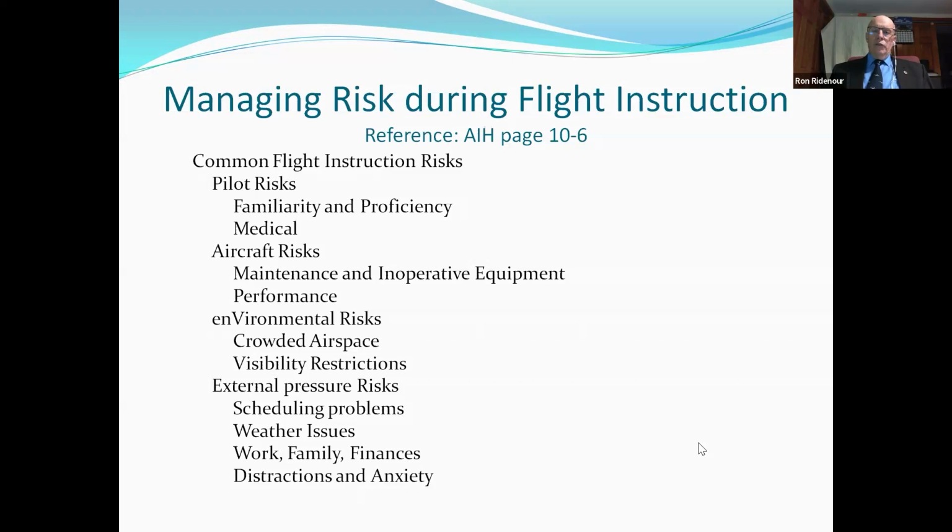It's in fact required that you assess your medical condition each and every time before you go fly, whether you have a medical certificate or not, whether you're required to have one or not. We have to teach people that they have to evaluate their medical condition every time they want to go fly.